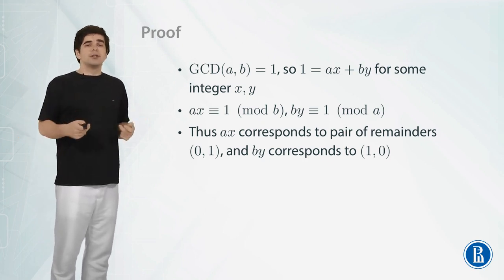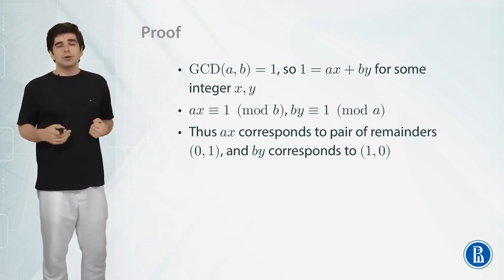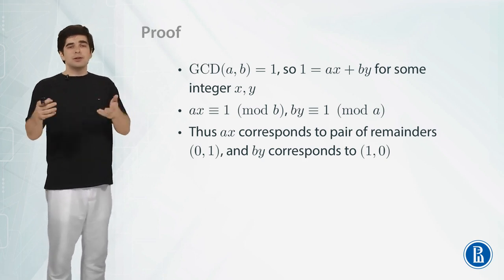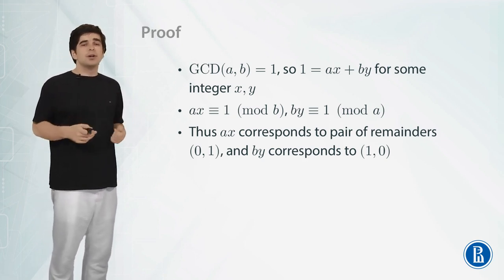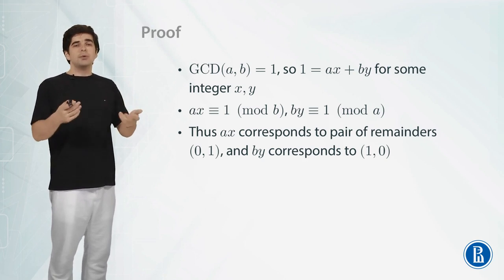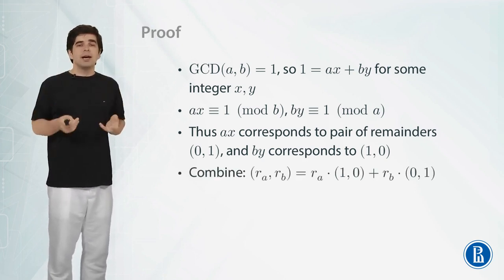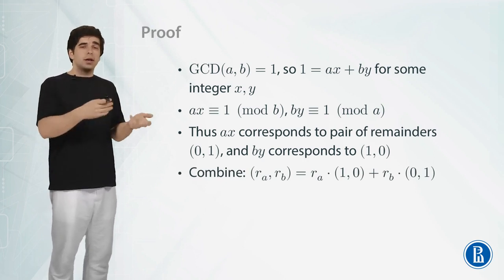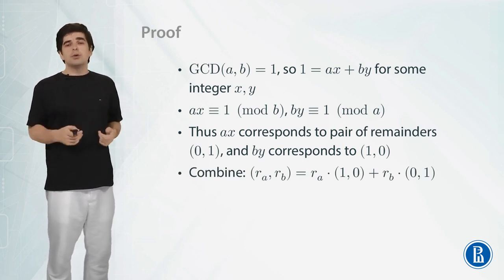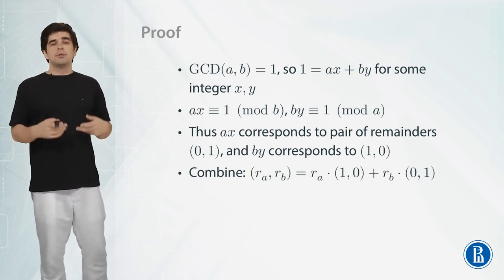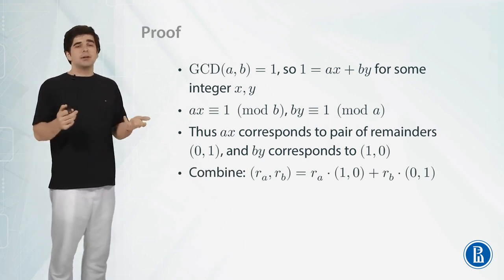Similarly, by corresponds to the pair 1, 0. So we have pairs 0, 1 and 1, 0. And from those pairs we can combine to get any pair we want. If we want the pair Ra, Rb, then we can just combine the pair 1, 0 with coefficient Ra with the pair 0, 1 with coefficient Rb and sum them up, and we will get exactly the pair Ra and Rb.